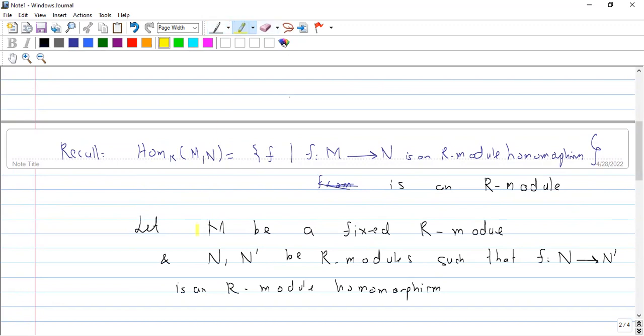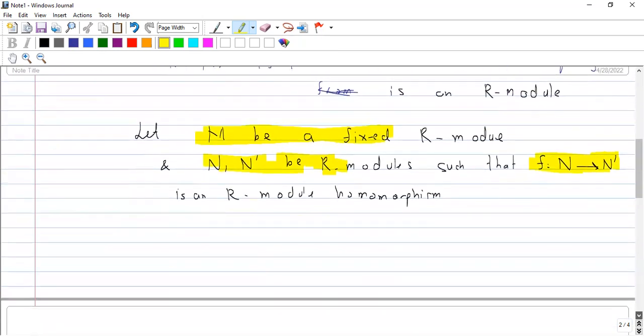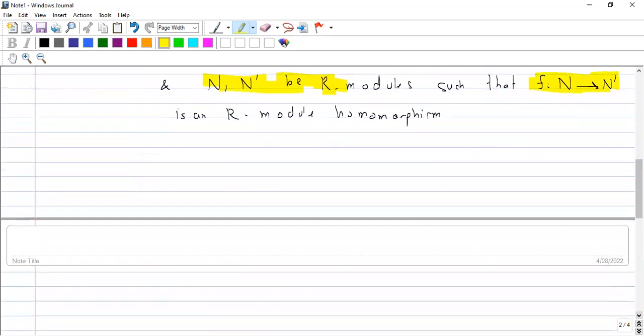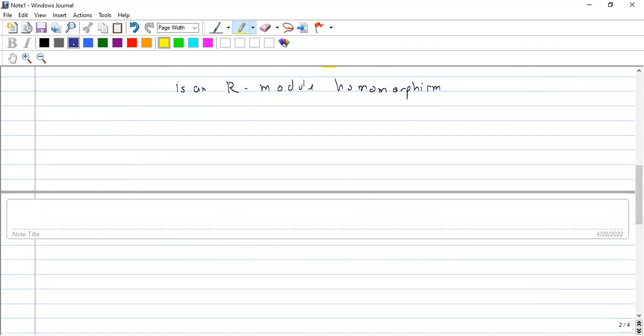So two things are given: a fixed R-module M, and two R-modules N and N dash, such that f from N to N dash is an R-module homomorphism.